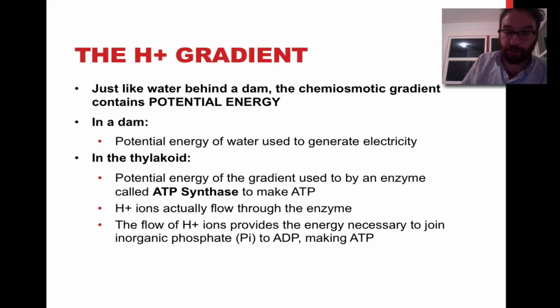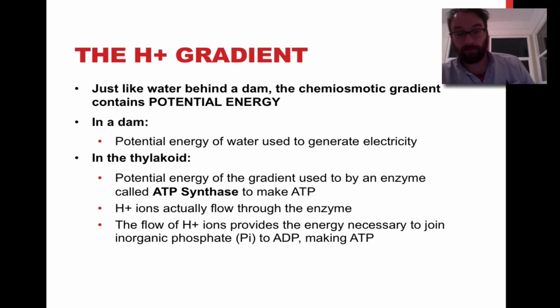ATP is another energy carrier. The hydrogen ions actually flow through the enzyme, just like water flows through a dam to generate electricity. That provides the energy necessary to join inorganic phosphate, a phosphate group, to ADP, making ATP. That reaction, ADP plus Pi, has a positive delta G. That's not going to happen spontaneously.